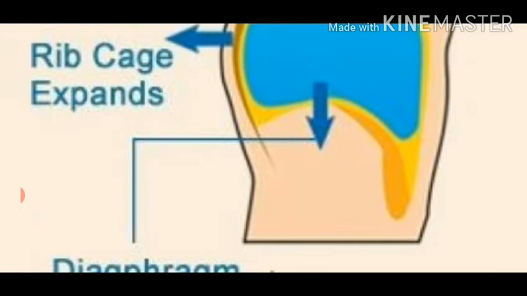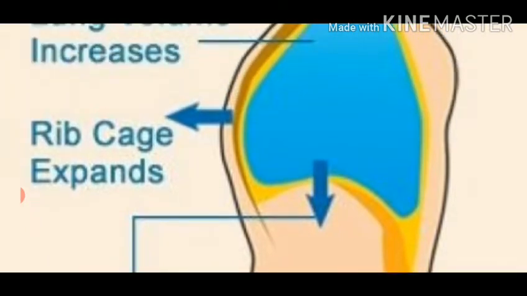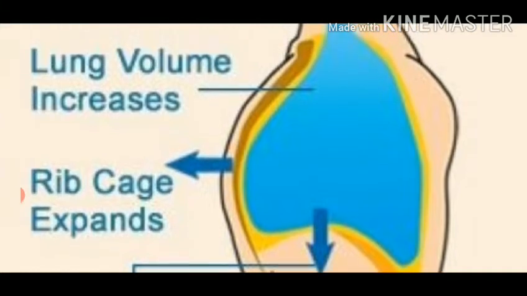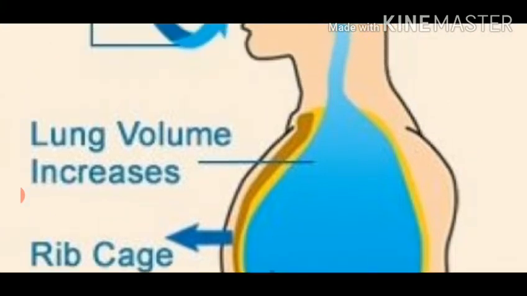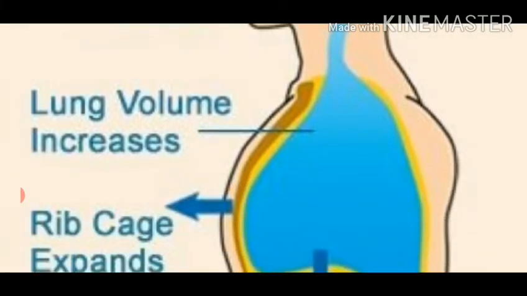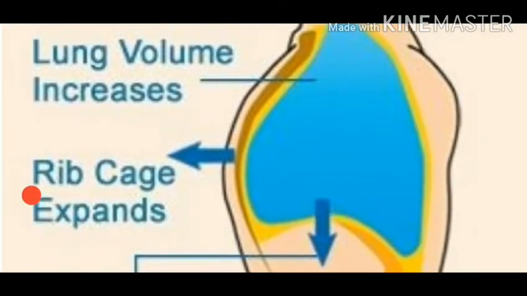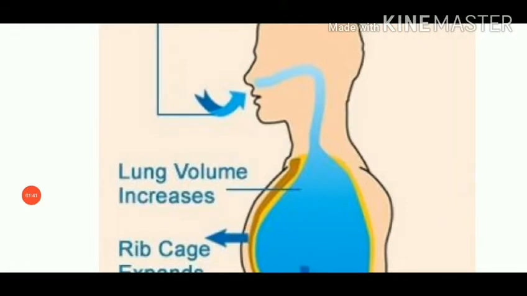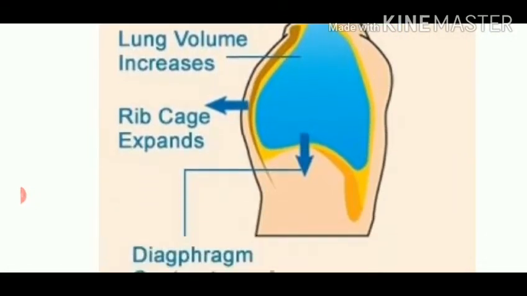This upward and downward movement of rib cage and diaphragm respectively leads to the expansion, that is, increases the space in the chest cavity. As a result, air moves into the lungs and the lungs get filled up with the air and expand. So this is how the process of inhalation takes place.